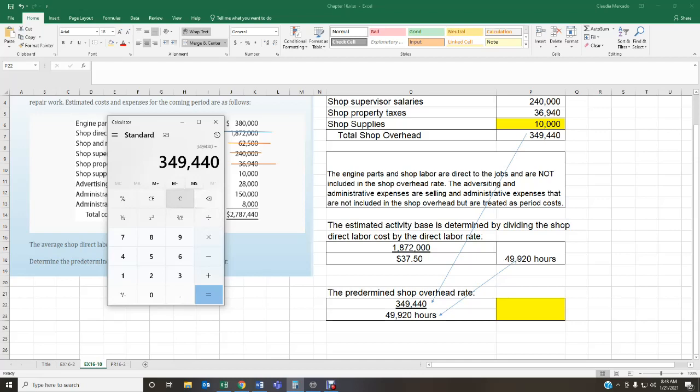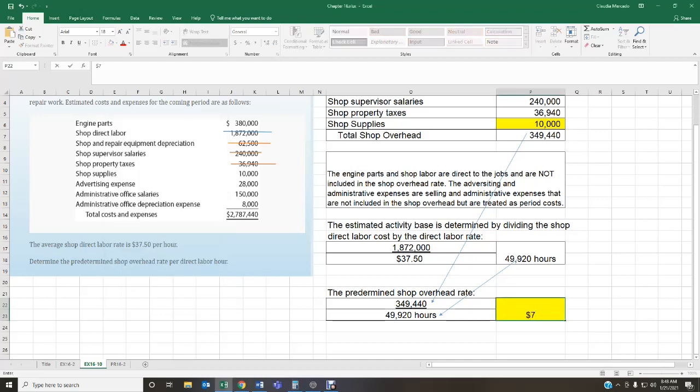So 349,440 divided by 49,920 gives me $7 per direct labor hour. What does that mean?